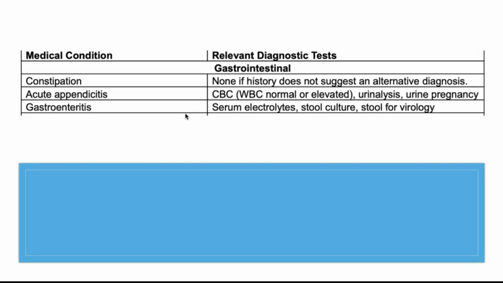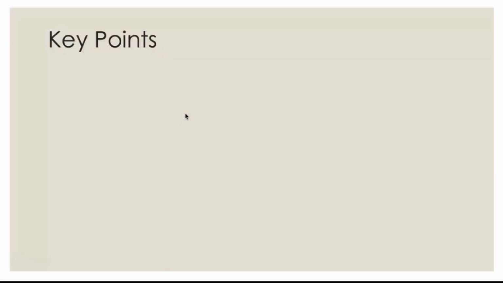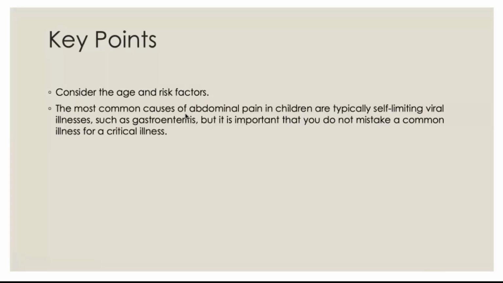Again, this was just a quick overview of common conditions for the GI. Just to reiterate things, for pediatrics, you must consider the age and the risk factors when you're considering differentials for the child and when you're asking questions. As I said earlier, the most common is typically constipation and viral illnesses, gastroenteritis.